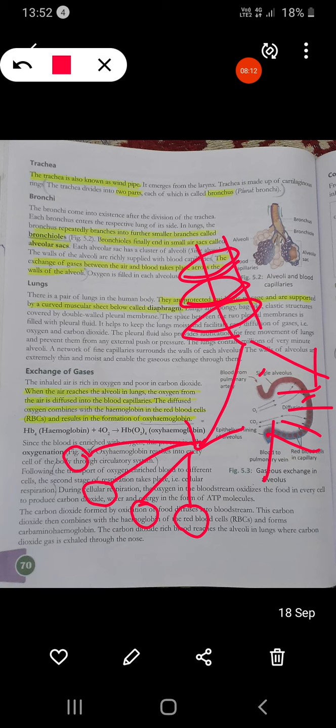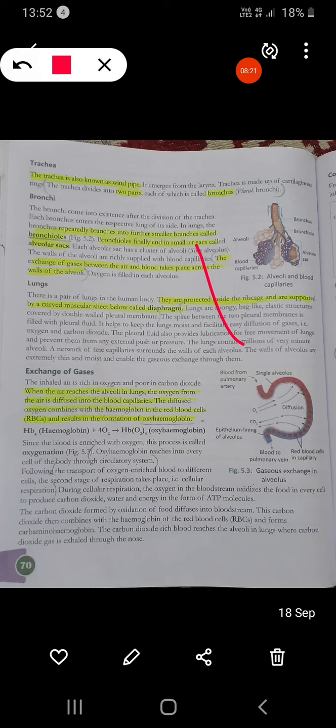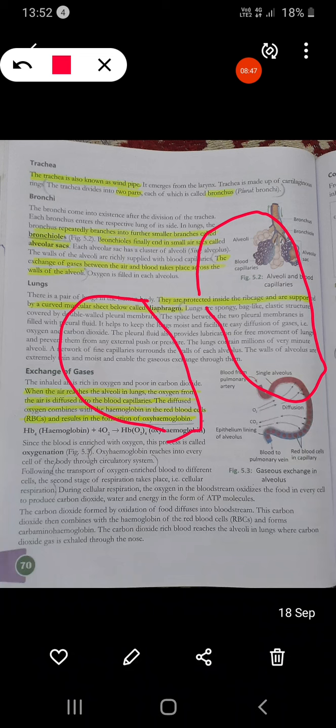We will see here children. The main organ, children, let us discuss a few things about alveoli. The exchange of gases between air and blood takes place across the wall of the alveoli, because inside our lungs there are tiny alveoli and there are some blood capillaries.